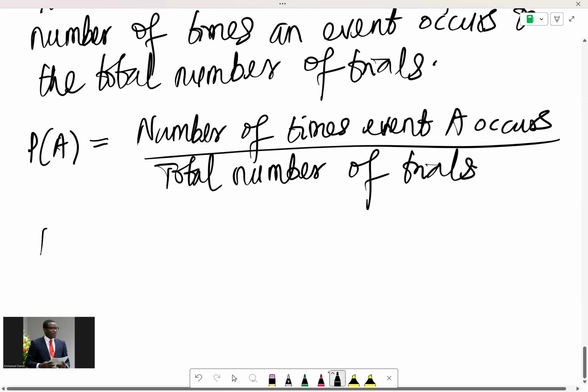Okay, that said, let's drive the point home with an example.